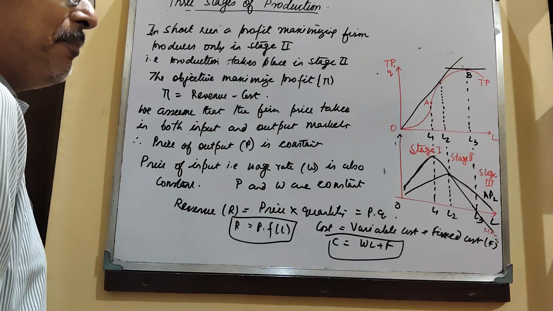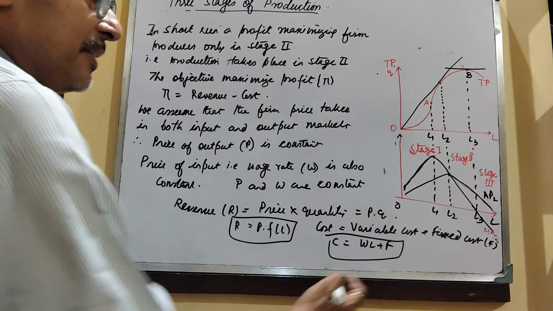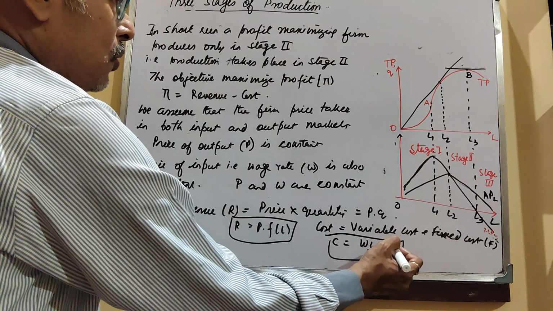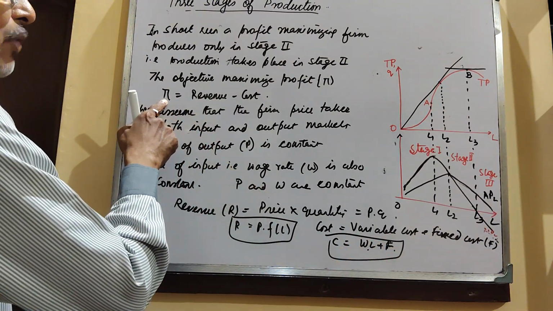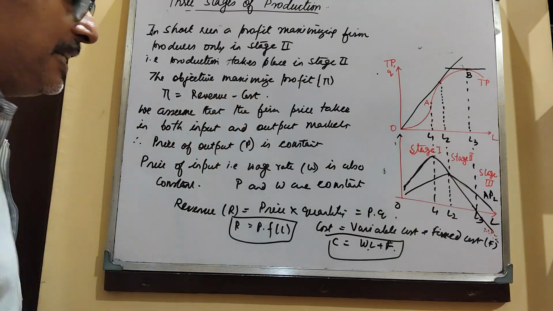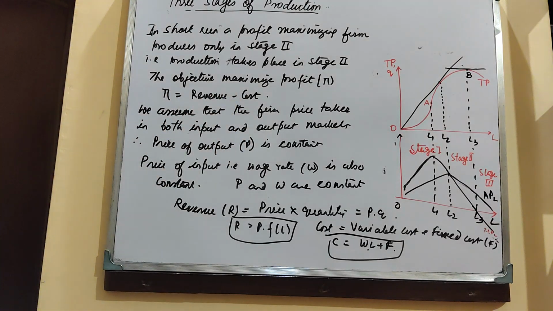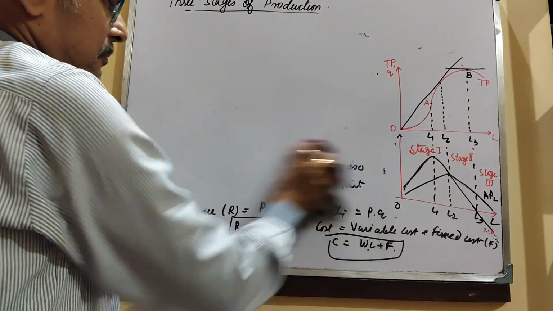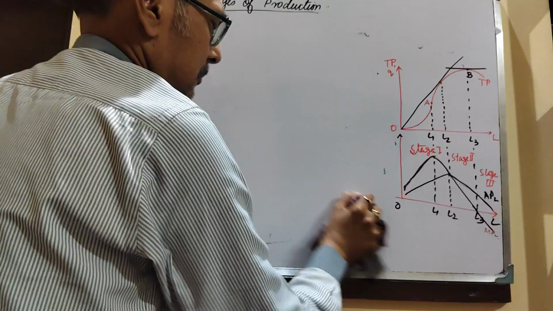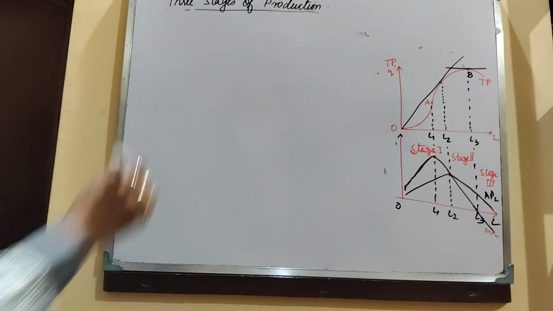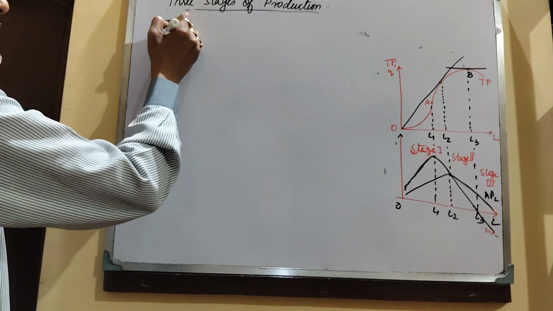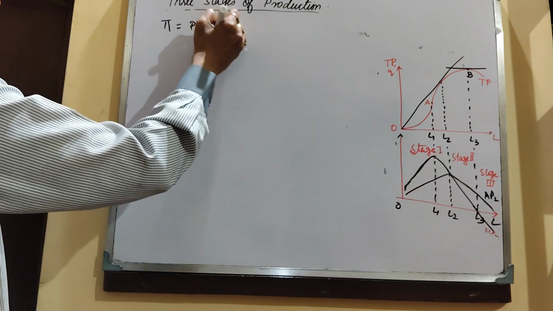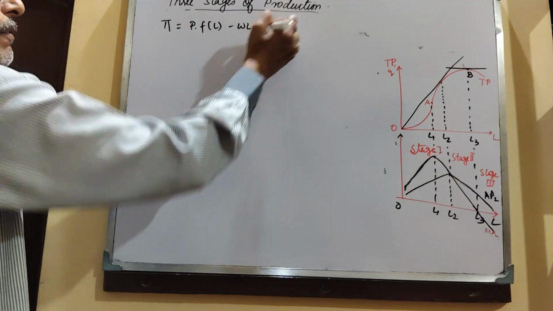Wage into labor employed is the total payment to labor. Now what is profit? Profit equals revenue minus cost. This is the short-run profit: pi equals P into F of L minus WL minus F.